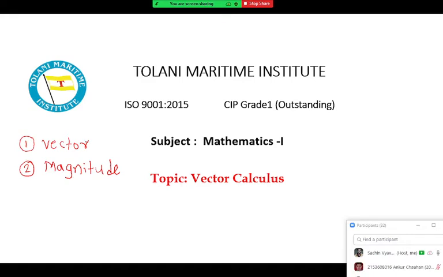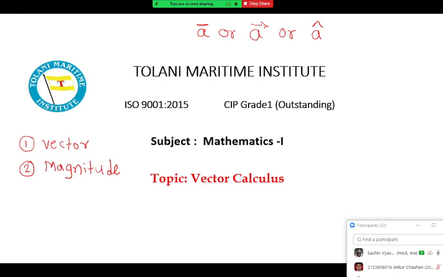We have already seen a vector is a quantity having both magnitude and direction. The first thing I will tell you is that vectors are denoted by these notations: either a bar, an arrow, or a cap. One of these three notations can be used. Remember, in our textbook, bold alphabets are used for denoting a vector, and unbold alphabets are scalars.